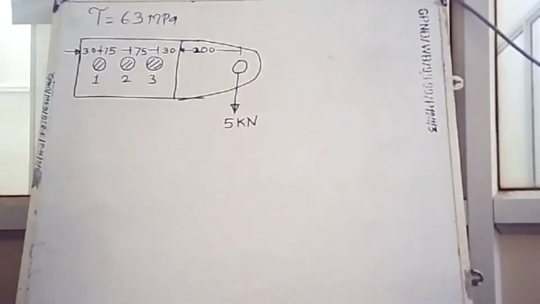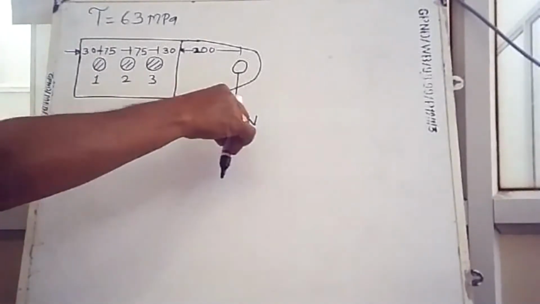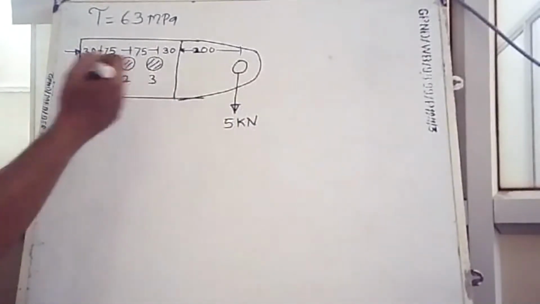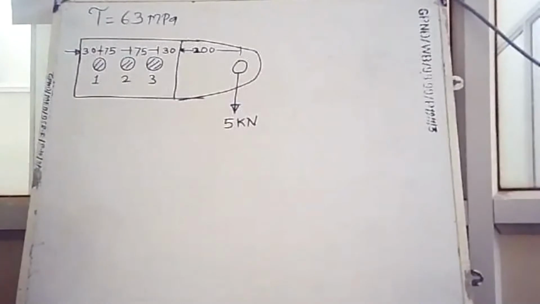These 3 bolts are fixed in that particular structure and are going to support our bracket. Now because of this 5 kilonewton load which is coming down, there is a direct shearing of these 3 bolts and there is a turning also because of the moment.